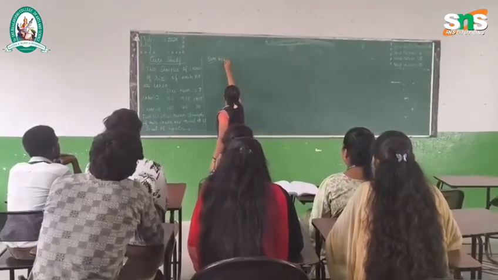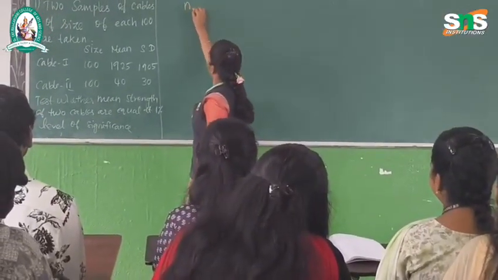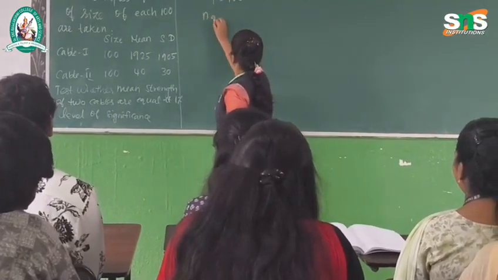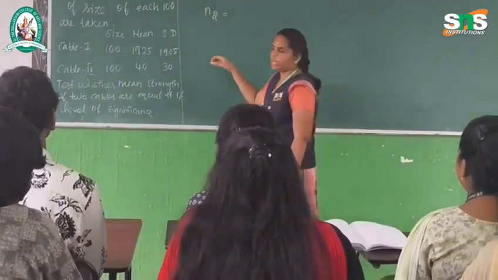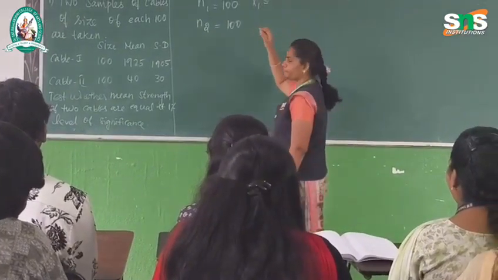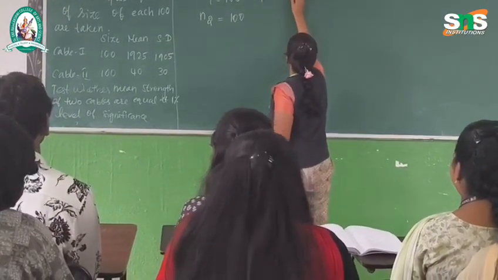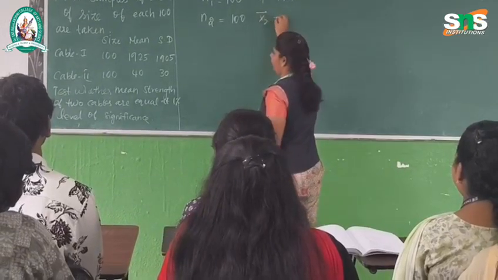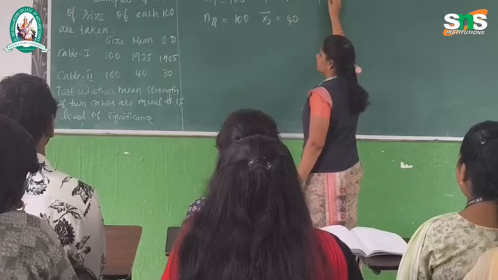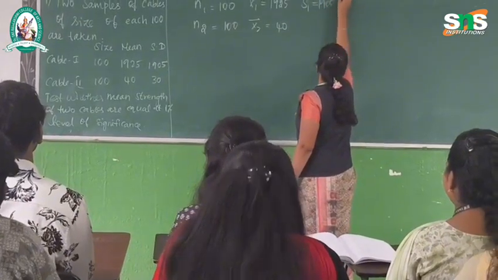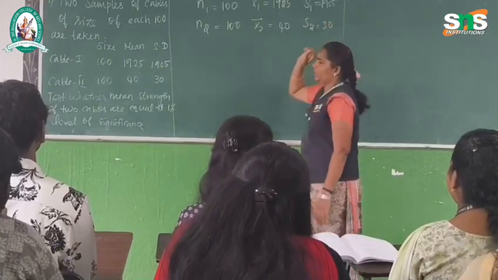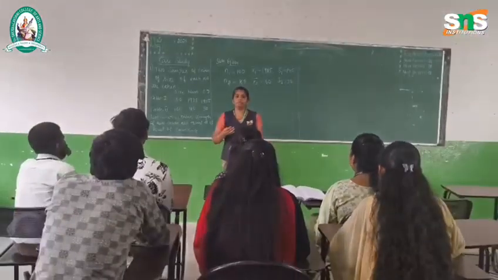N1 is 100, N2 is also 100, X1 bar is 1925, X2 bar is 40, S1 is 95, S2 is 30. To test this problem, we will use a Z test.